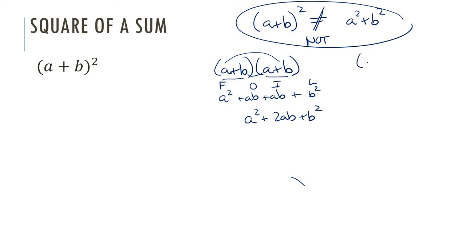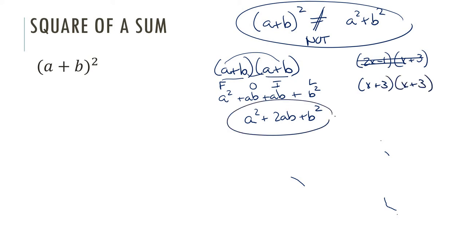If we have something that's not identical, like 2x minus 1 times x plus 3, we have to FOIL it. But if we have x plus 3 times x plus 3, we can follow this pattern. And the pattern says to take the first term and square it.